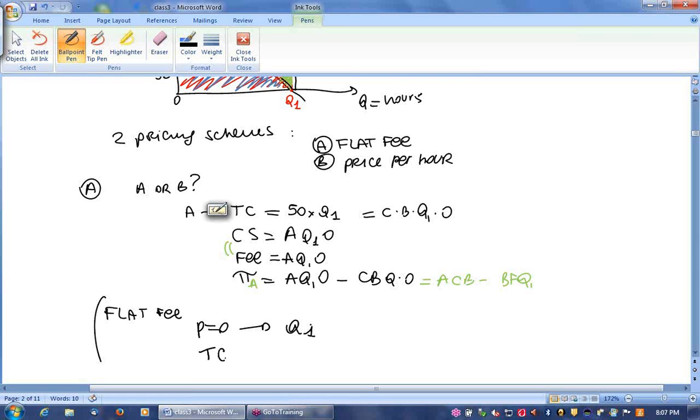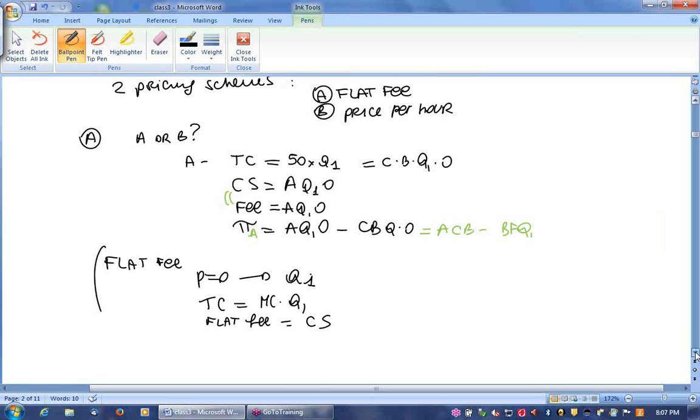Then you find the total cost that is equal to the marginal cost times Q1. Then you know that the flat fee will be equal to the consumer surplus. And to find the profits, you just take the consumer surplus minus the total cost. Okay? So this is the general procedure every time you have to consider a flat fee.